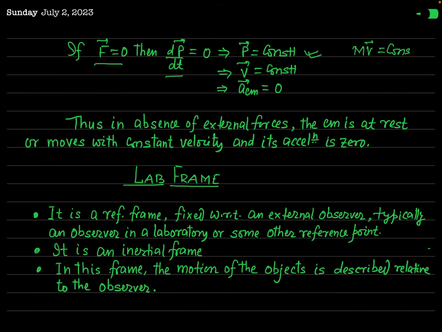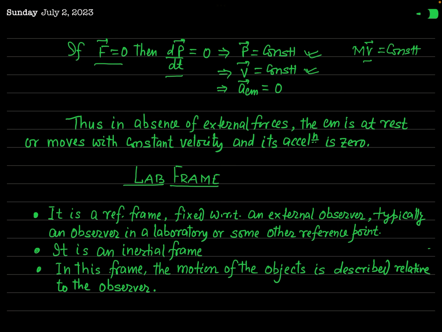Okay, but m, which is mass of the system, remains constant in classical mechanics. So it means v will be constant because m is already constant. So in absence of external forces, the velocity of the center of mass is constant. What does it mean?